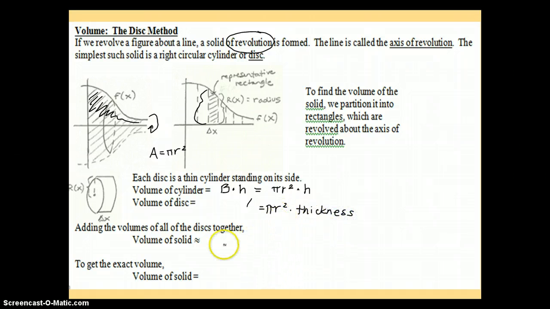Let's talk about how the exact volume can be found if we can get one representative disk volume and then use the integral. We will get the exact volume of the object. I'm going to put the pi from the pi r squared out in front because it's a constant and I can do that.